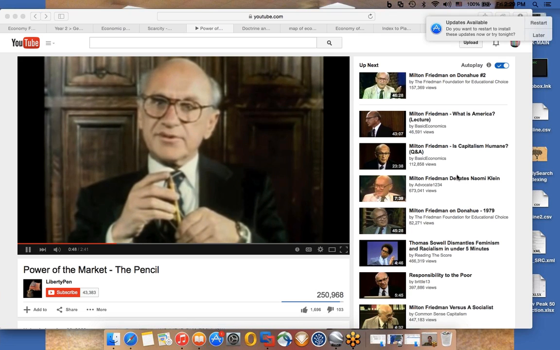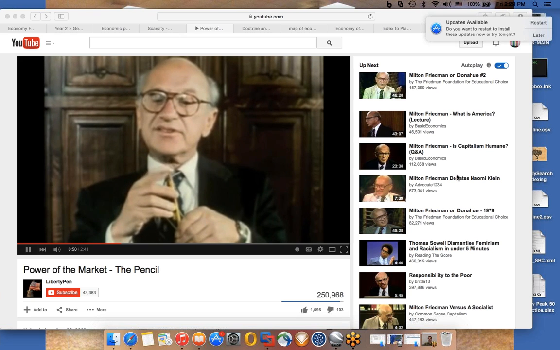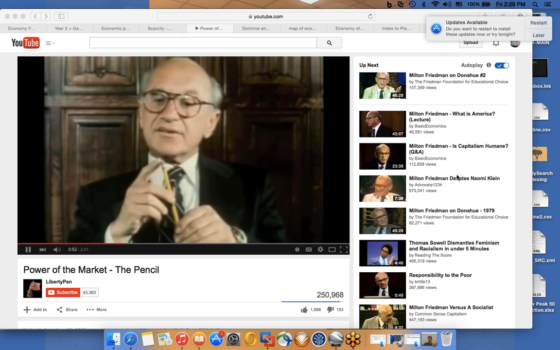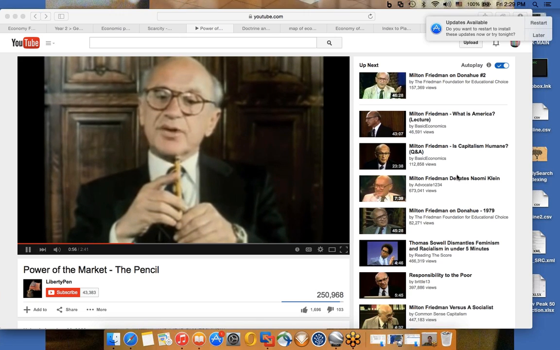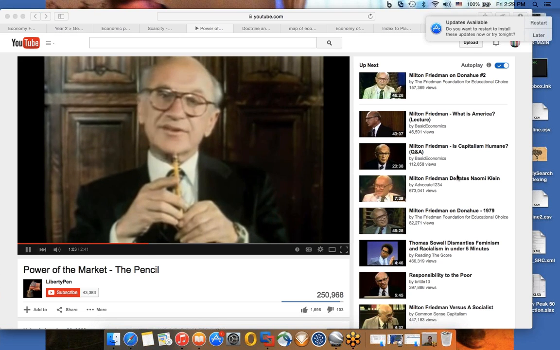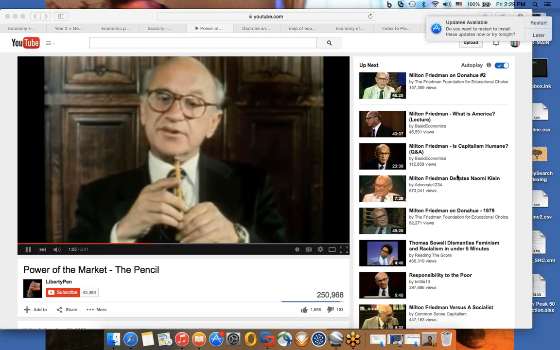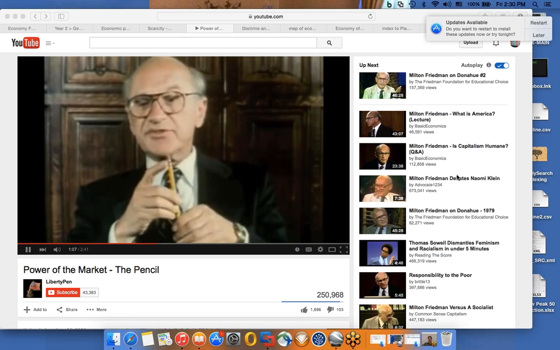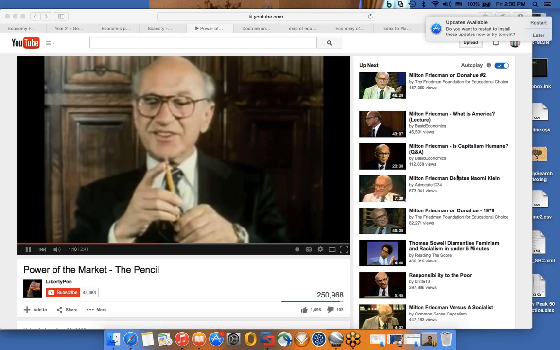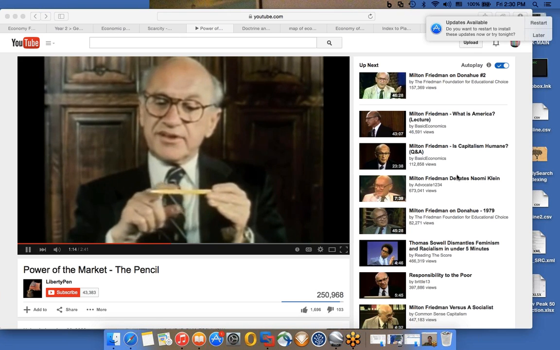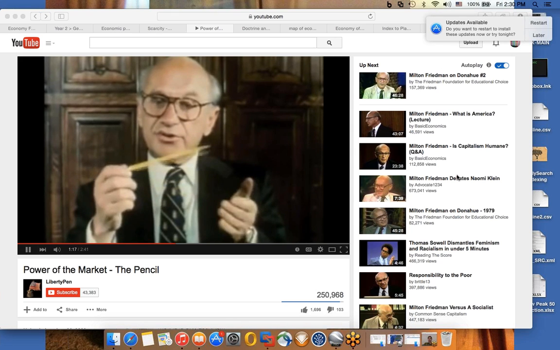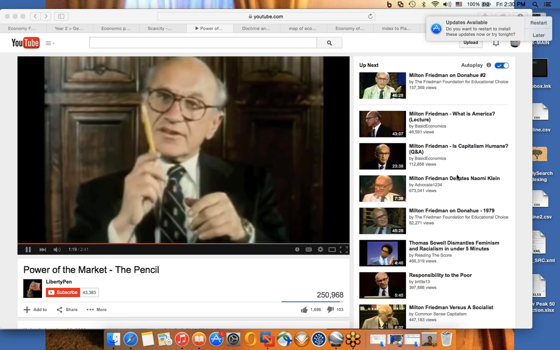I'm not sure where it comes from, but I think it comes from some mines in South America. This red top up here, the eraser, bit of rubber, probably comes from Malaya, where the rubber tree isn't even native. It was imported from South America by some businessmen with the help of the British government. This brass ferrule, I haven't the slightest idea where it came from, or the yellow paint, or the paint that made the black lines, or the glue that holds it together.